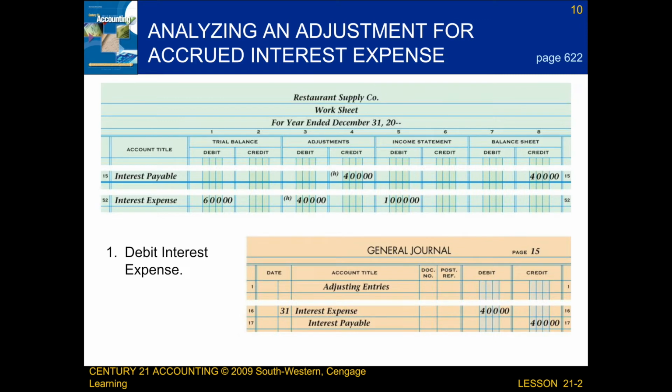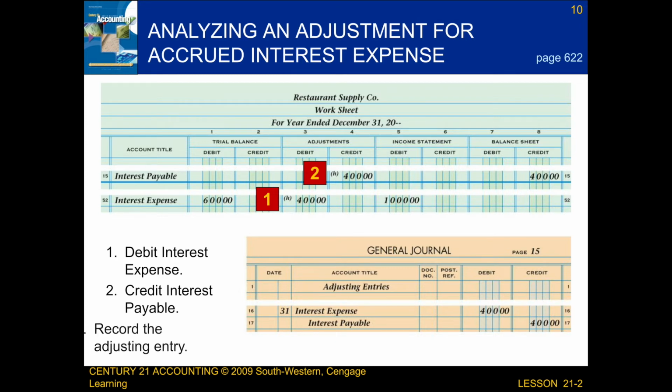First, we record a debit to interest expense on the worksheet in the Adjustments debit column. Next, we record a credit to interest payable on the worksheet in the Adjustments credit column. And finally, we record the adjusting entry in the General Journal.